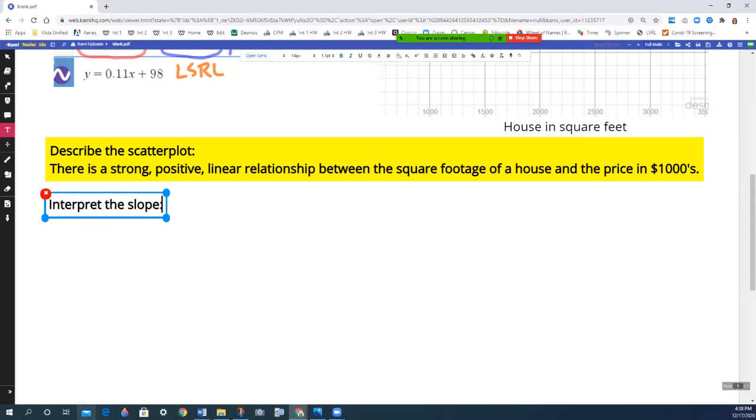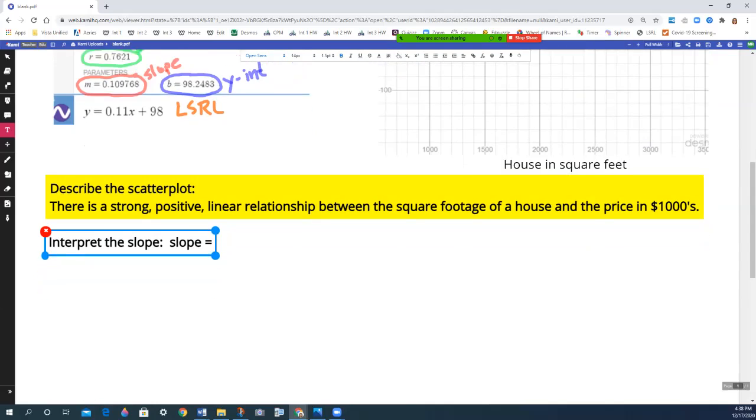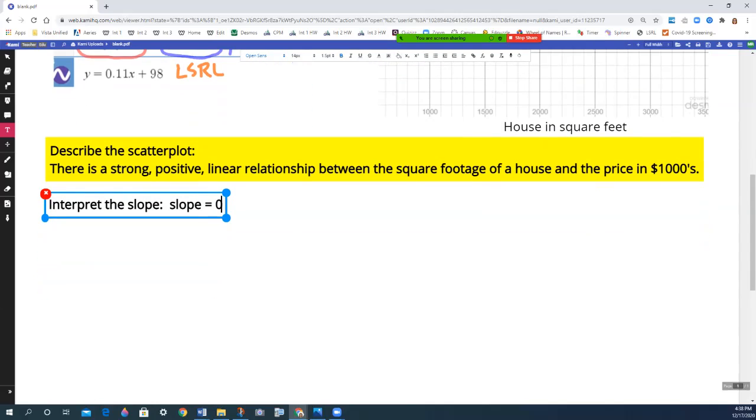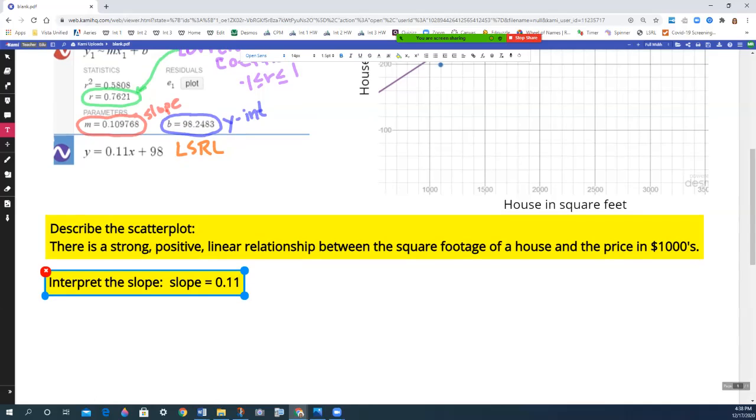And so for this, I'm going to say what the slope was. So remember, the slope in this problem, we said was about a 0.11. Okay, so 0.11 was our slope. And so what we're going to say is how that relates to this particular problem.